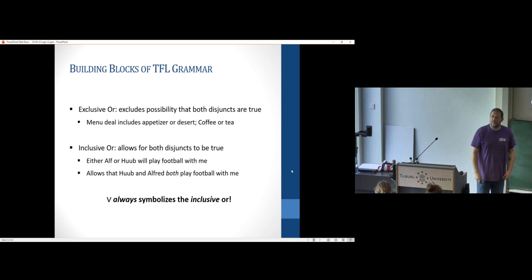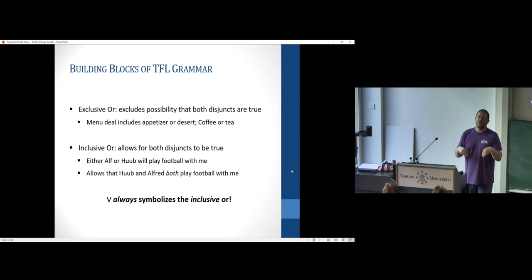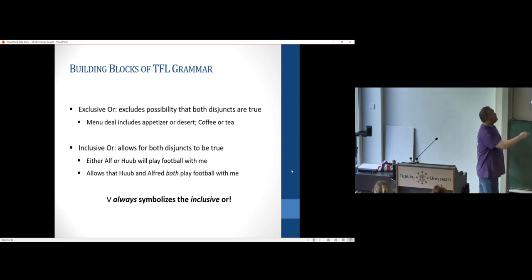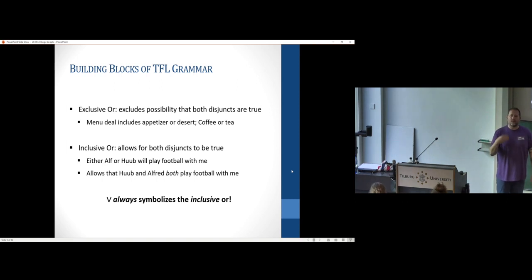Our disjunction, the V, always symbolizes the inclusive or. I'm going to tell you a way to symbolize exclusive or. It's not going to be using this connective. We're going to have a more complex sentence structure to capture it. But whenever you see this, we're always going to read it as inclusive.